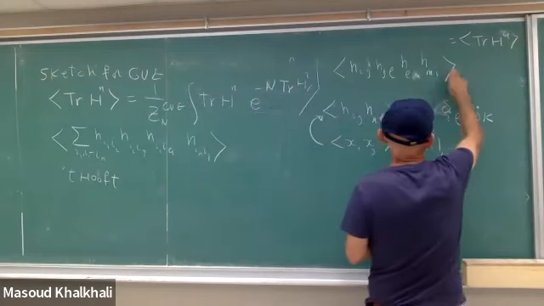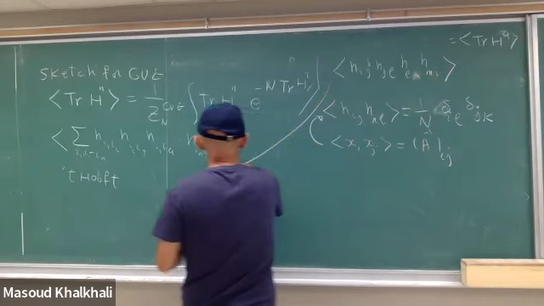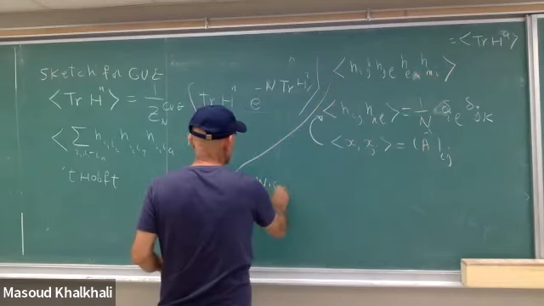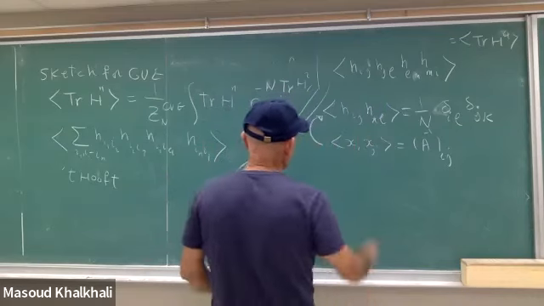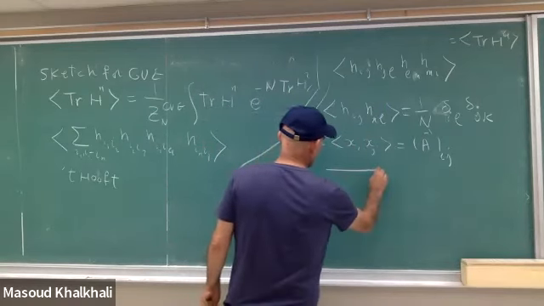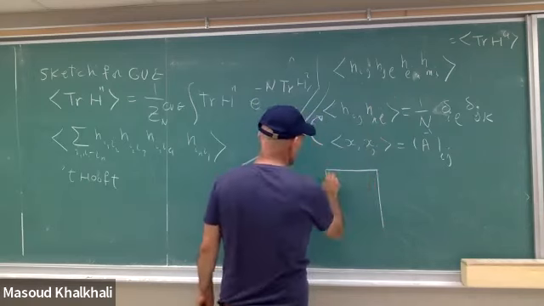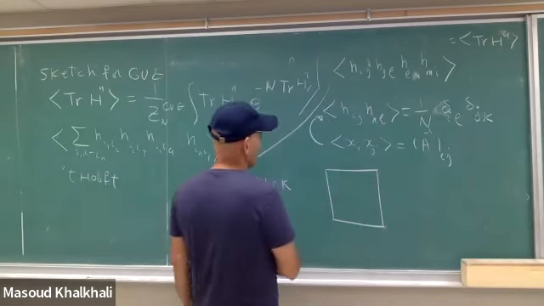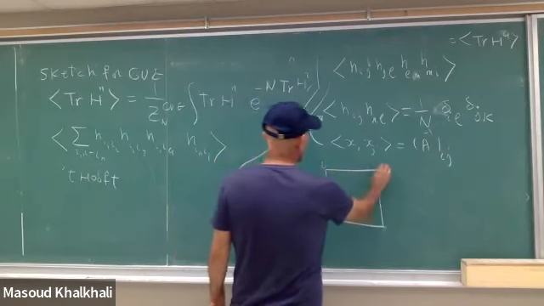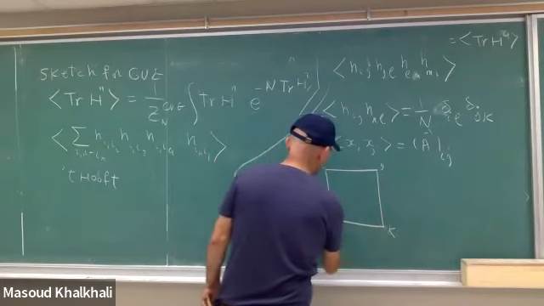Now we can use Wick's theorem. And you can do the following thing. The trick is you put everything on, in this case H^4, on a foregone, I mean a square, or whatever, foregone. So i, j, k, l.